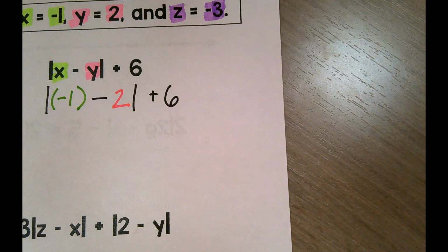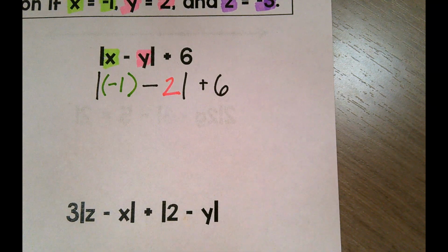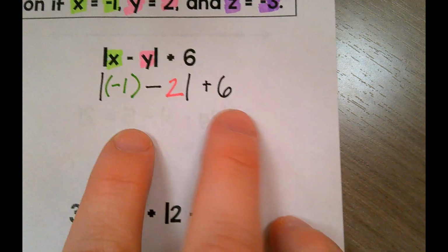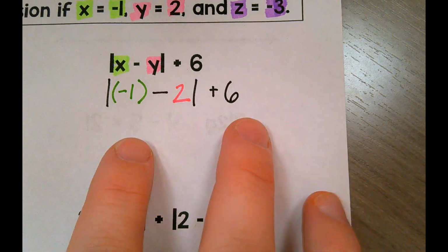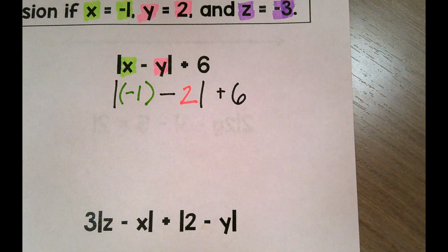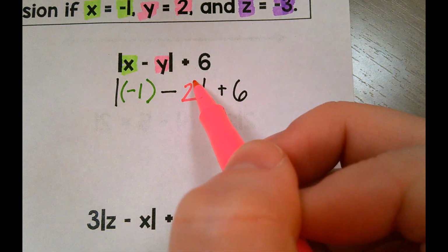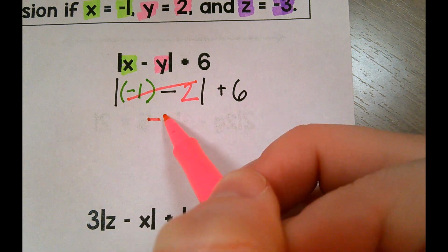Okay, so how about now, if I want to make sure my calculator did it right, what would I do first on paper? Do what's inside the absolute value first. Yes. So what is inside the absolute value? -1 minus 2. What is that? -3. Good. So -1 take away 2 gives us -3.